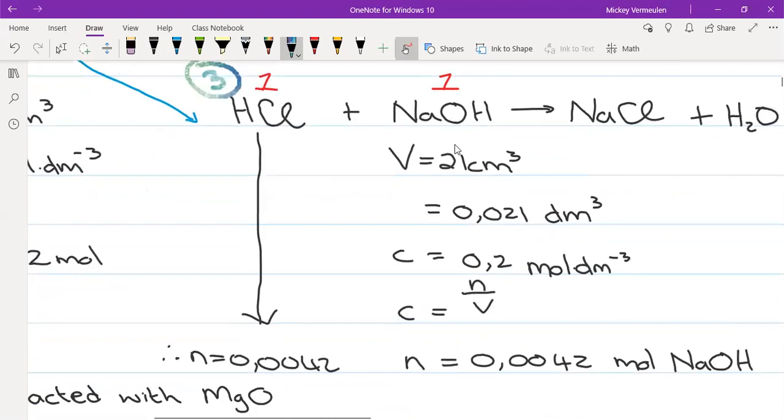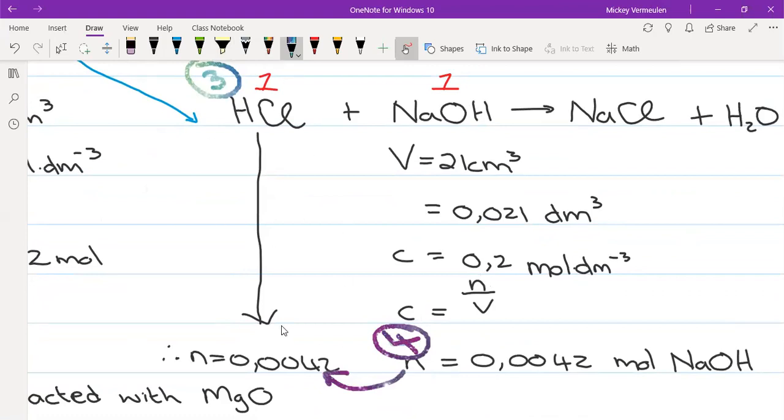Then they tell me volume and concentration of what I reacted with. So I can calculate the number of moles that was in excess.